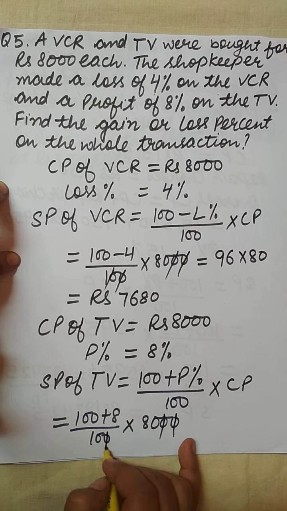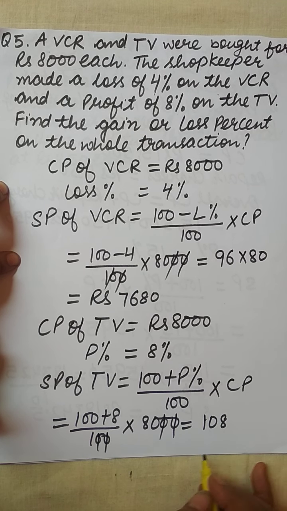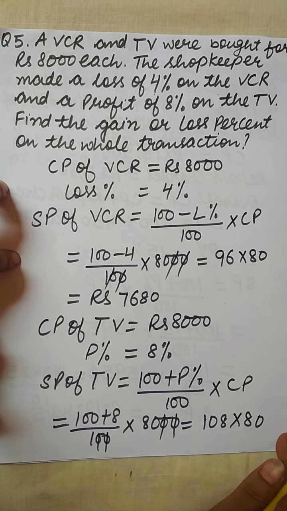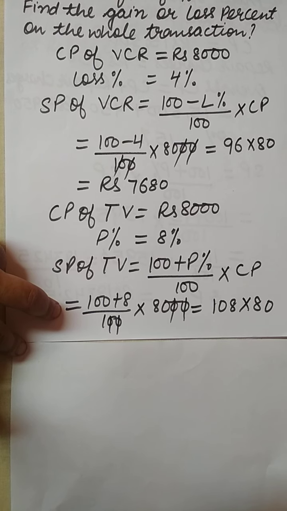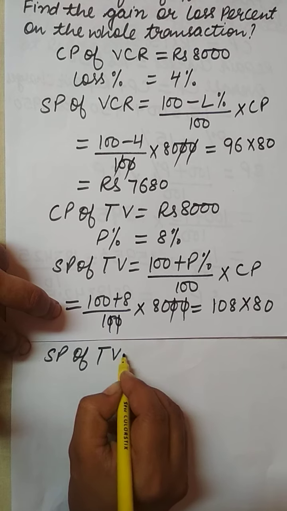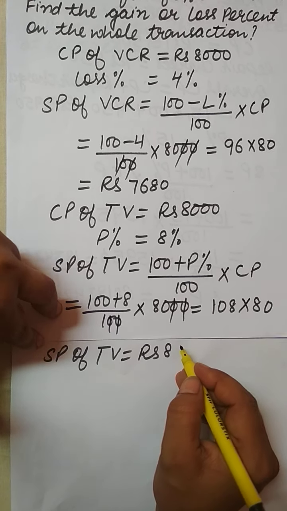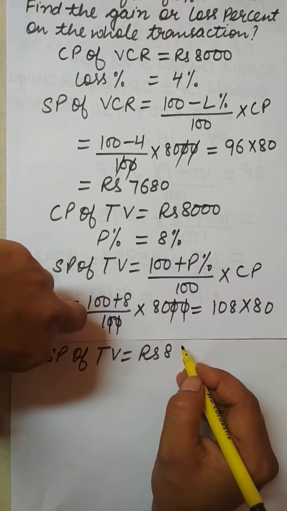Do the simplifications. This will be equal to 100 plus 8 is 108 multiplied by 80. So the selling price of TV is equal to rupees 8,640.